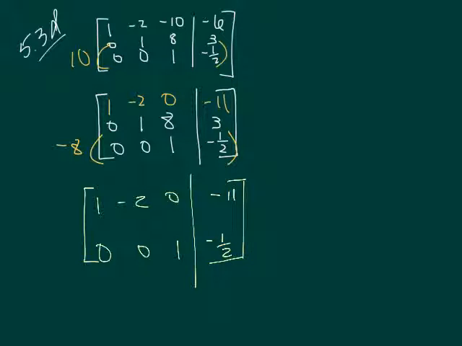So I'm going to do negative 8 times 0 plus 0 is going to be a 0 there. Then negative 8 times 0 plus 1, that'll be a 1. Then negative 8 times 1 is negative 8 plus 8 is 0. Then negative 8 times negative 1/2 is 4 plus 3 is 7.